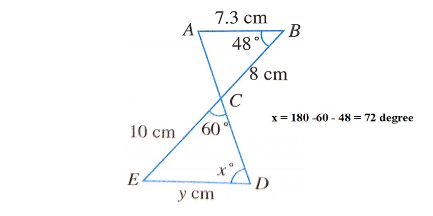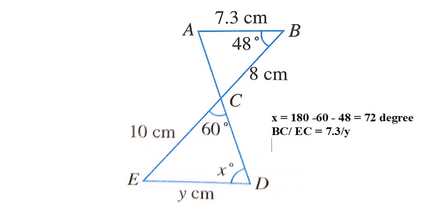So we can work on this matter where BC over EC equals 7.3 over y.